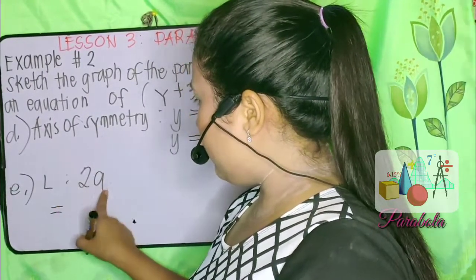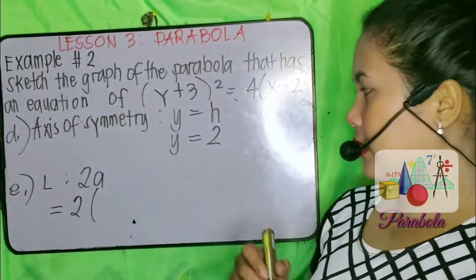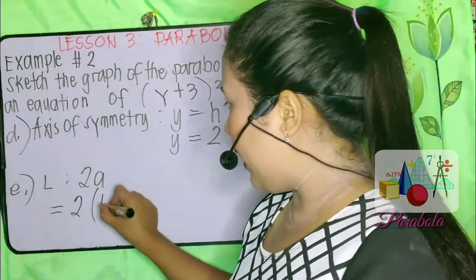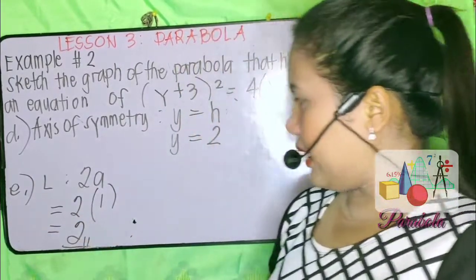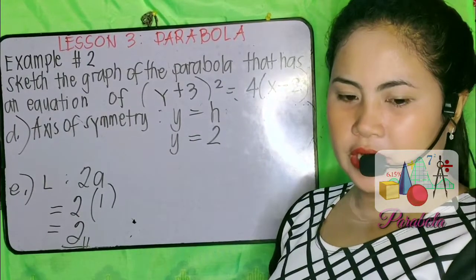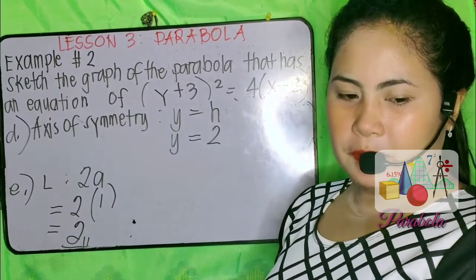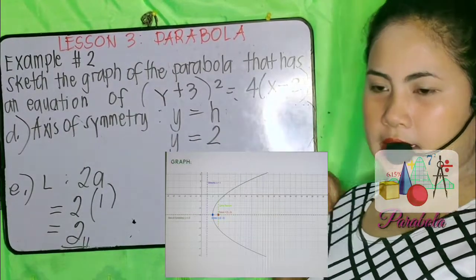Then, substitute. Our value for a that we solved a while ago is 1. Okay? So, simplify, we have 2. Then, for our graph, since we need to sketch the graph, I will show the graph here in the video.